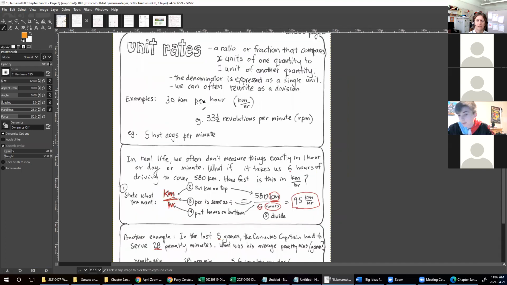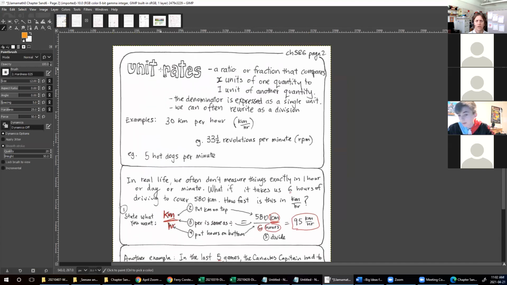So page 2, I just want to quickly go over. A unit rate is some amount of something per, or divided by, 1 unit of something else. So when we're talking 30 kilometers per hour, we never say, oh, I got caught speeding because I was doing 62 kilometers per 400 hours or 20 hours.